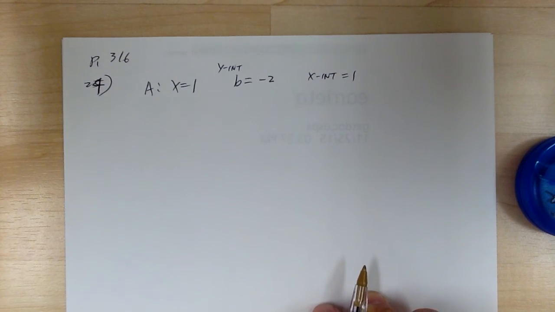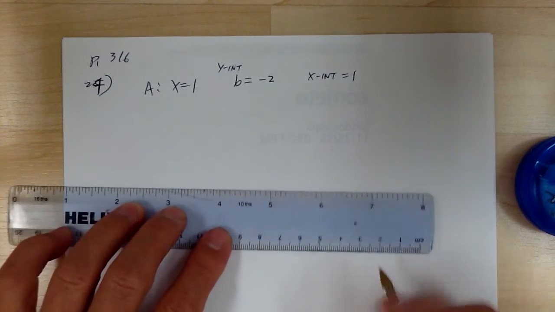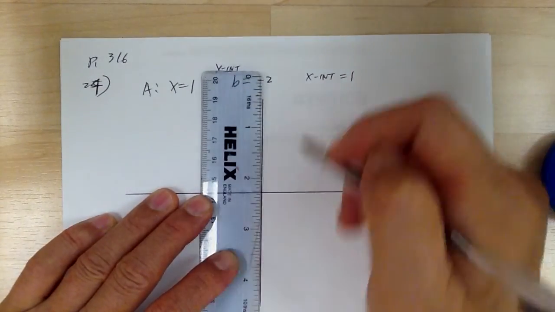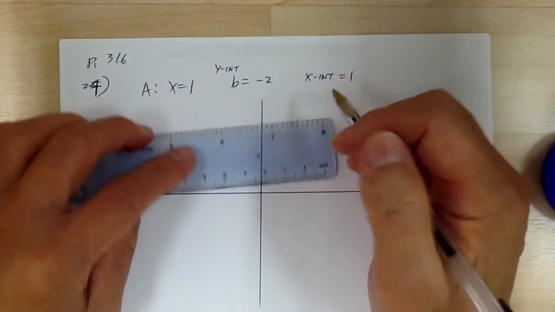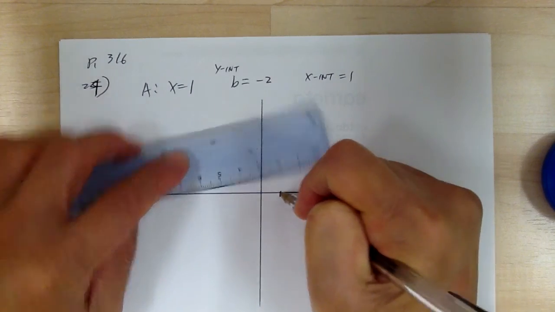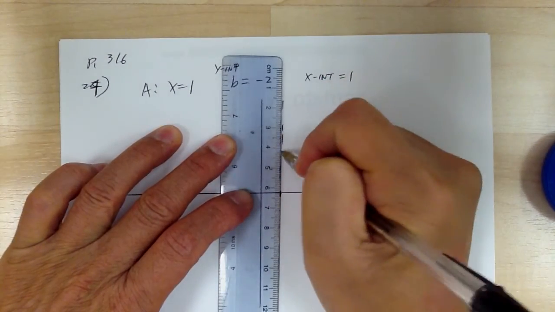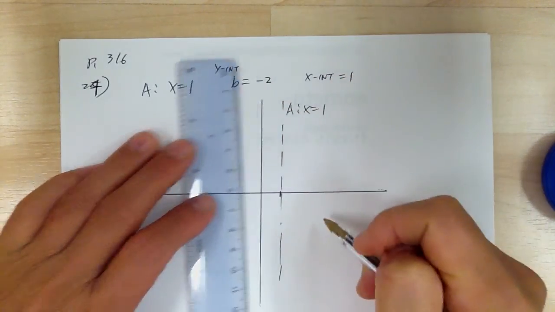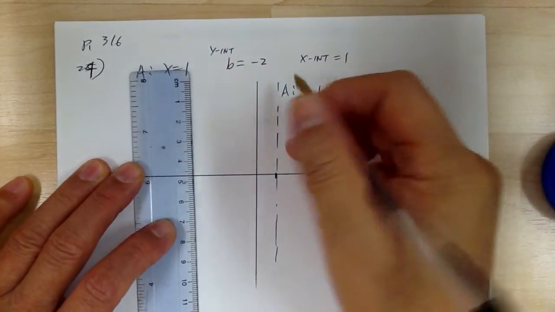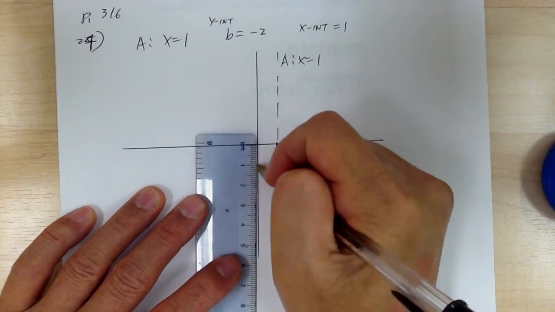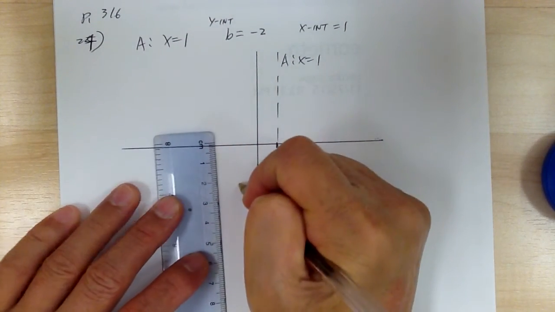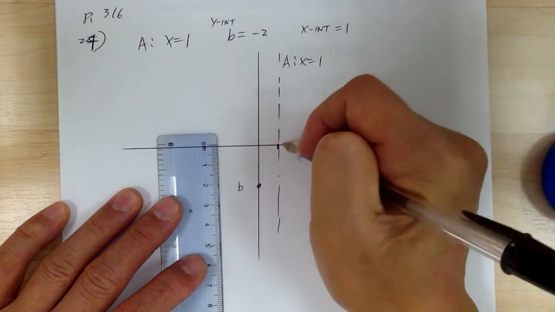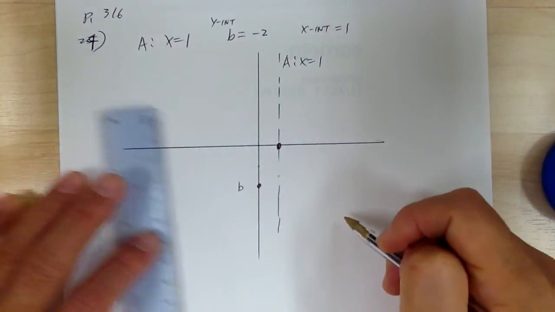So what you want to do is get your graph paper and sketch all these things out. So x equals 1, that's your axis. And b equals negative 2. That's the b. And the x-intercept is x equals 1.